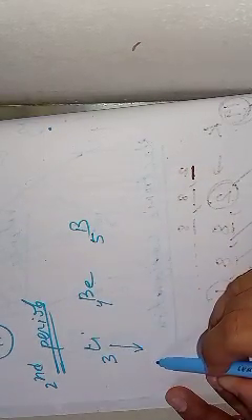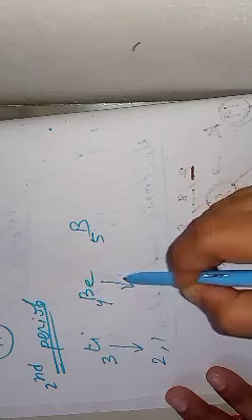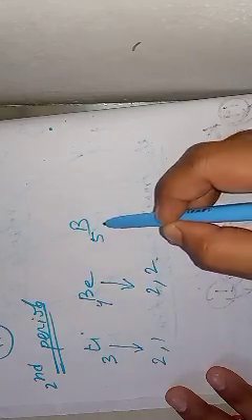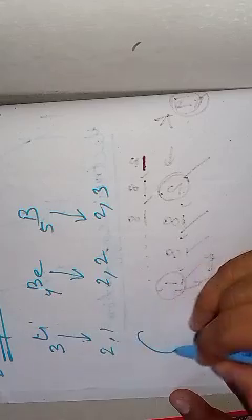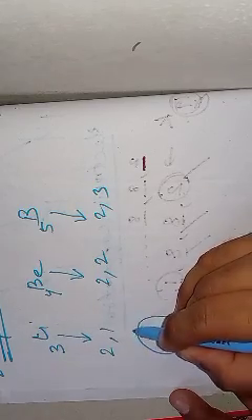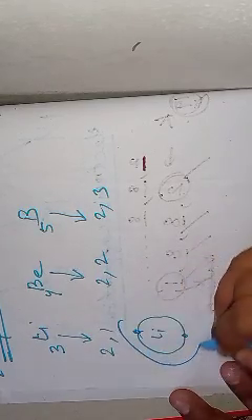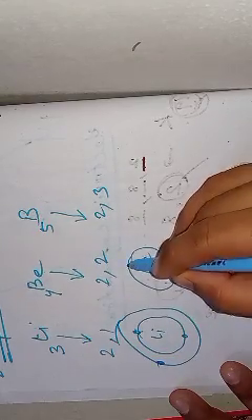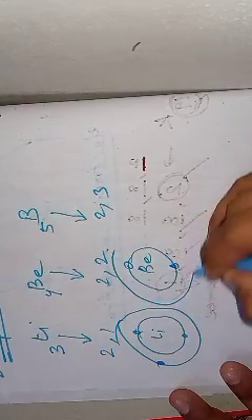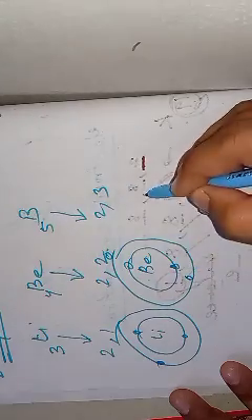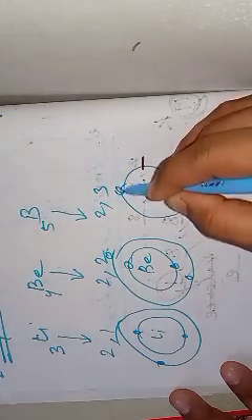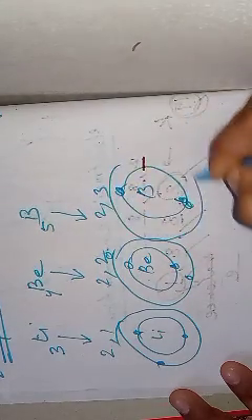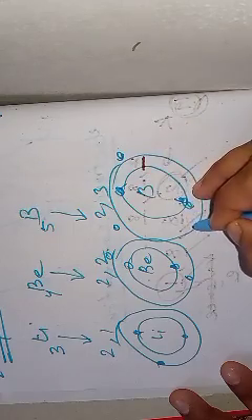The electronic configuration will be 2,1, then 2,2, then 2,3. If you draw the structure of lithium, it will have 2 electrons in the first shell, only 1 electron in the last. Beryllium will have 2 electrons in the first shell, 2 electrons in the last. Boron will have 2 electrons in the first shell and 3 electrons in the last.